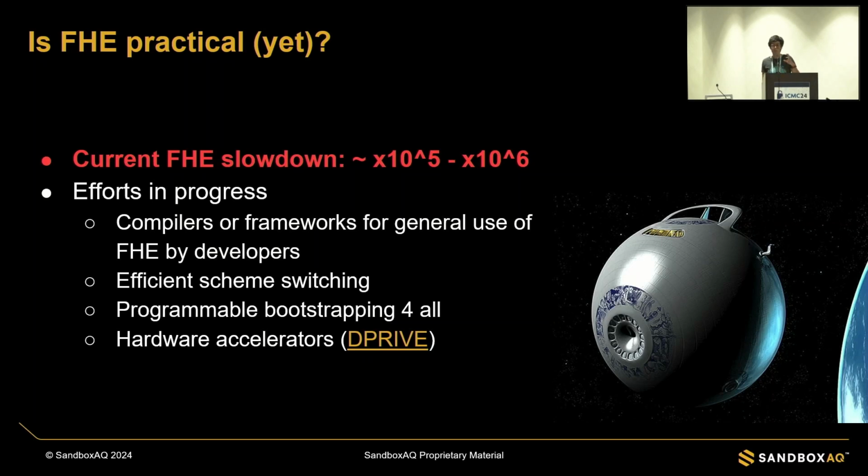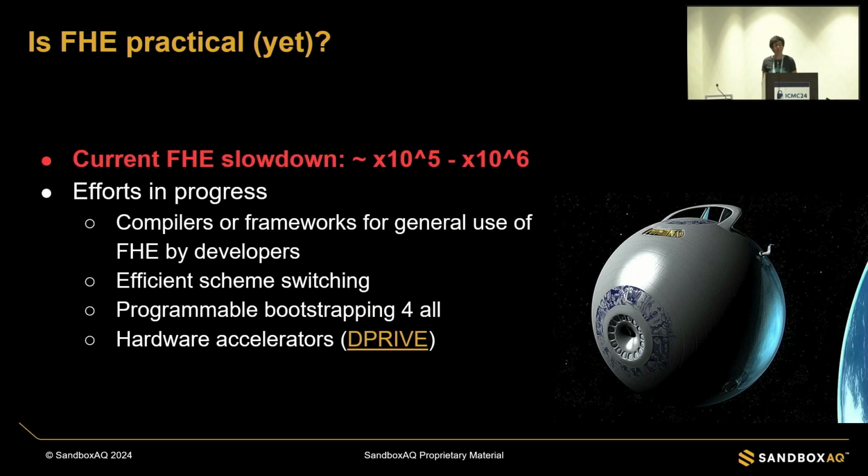Then I also talked about the scheme switching functionality, which can be used to be as efficient as possible depending on the use case or on the part of the circuit where we are. Then there are other initiatives about bringing interesting features like programmable bootstrapping to the most modern FHE schemes.